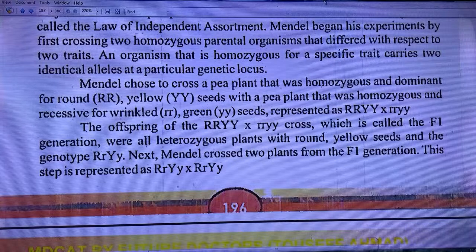represented as capital R, capital Y crossed with small r, small y.